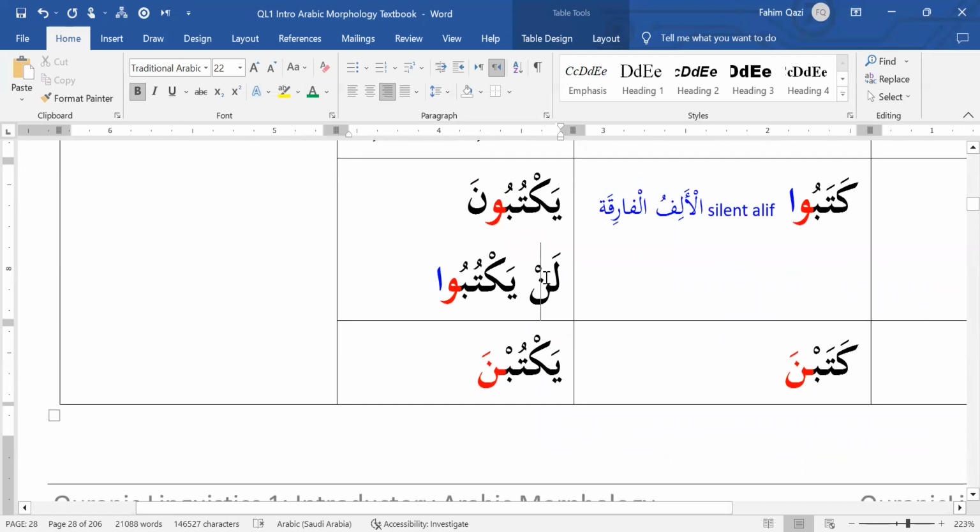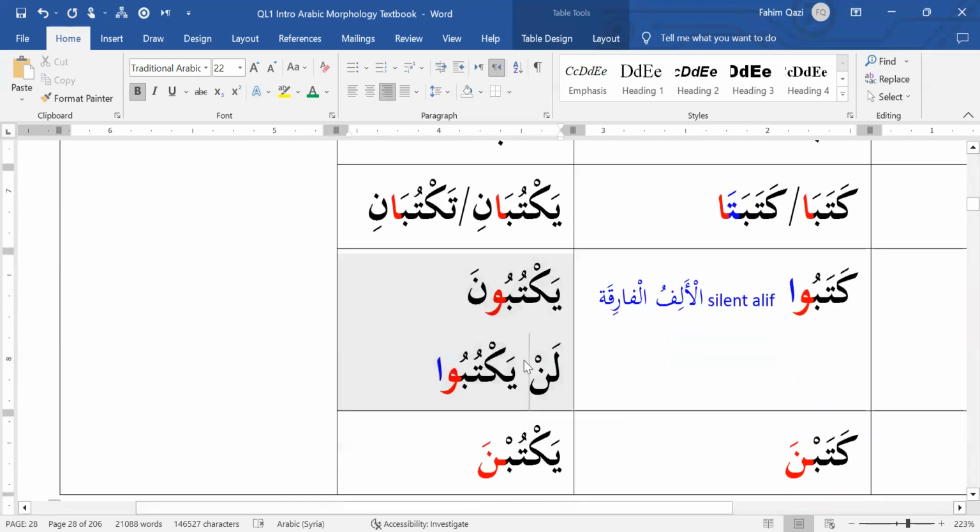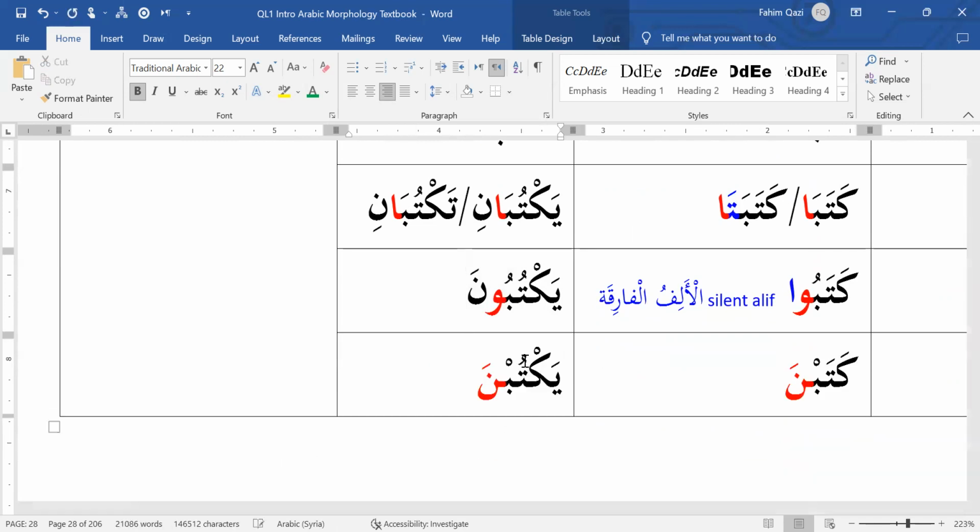Okay. And when we did al-mudari, we saw how the mudari is supposed to be for present, right? But what happens when certain particles appear before al-mudari? What happens to the time? The time switches.